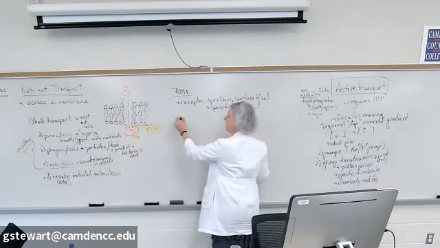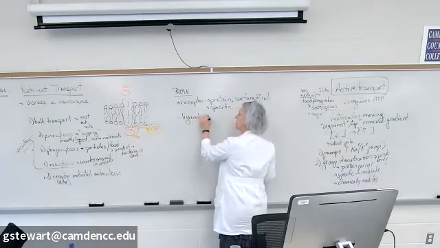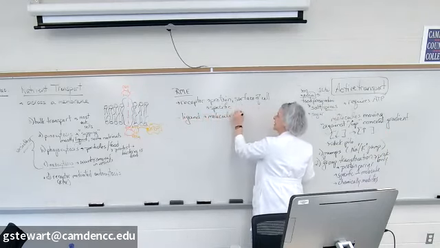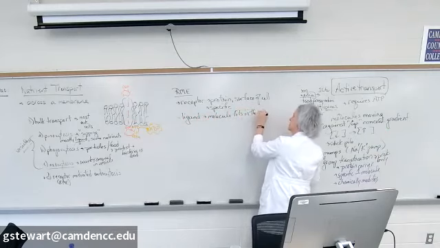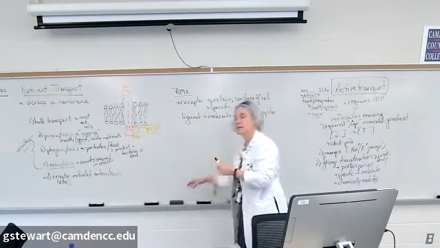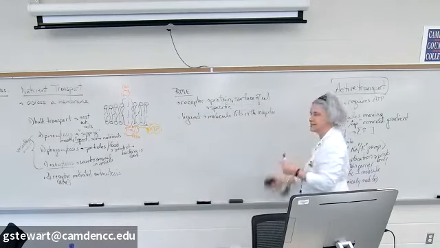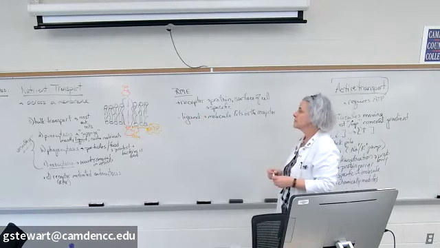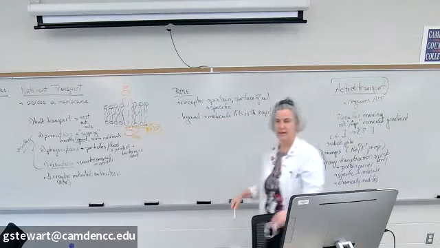We call that the ligand. So the ligand, that's the molecule that fits in the receptor. And just like with an enzyme, unless it's a pretty close fit, it's not going to bind. That's kind of the minimum of what I need you to know about receptor-mediated endocytosis.